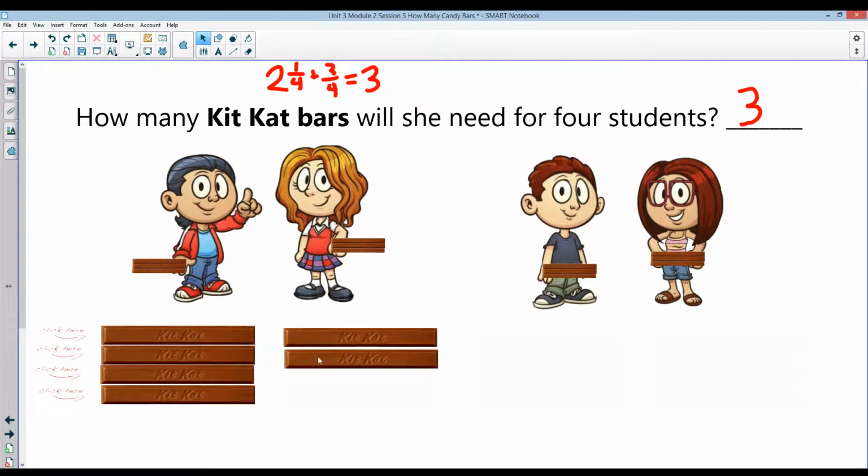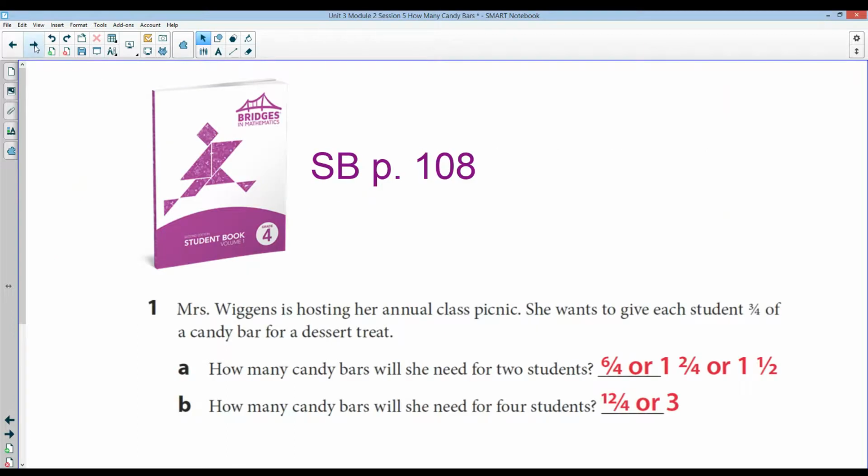That's 1.5. So all we would have had to do is double that. So 1.5 plus 1.5. We can do this in the stack method here. So that's 1.5 plus 1/2 is 1 whole, and regroup it over here. And so that'd be three Kit Kat bars. Again, we would never do this nowadays, but all right.